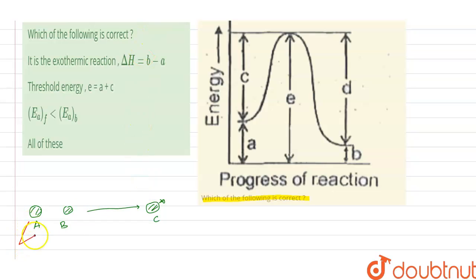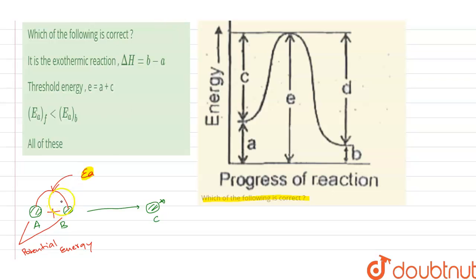Initially, the A and B molecules have potential energy, and in order to convert them into C, they require some extra or additional energy, which is known as activation energy. It is represented by EA.